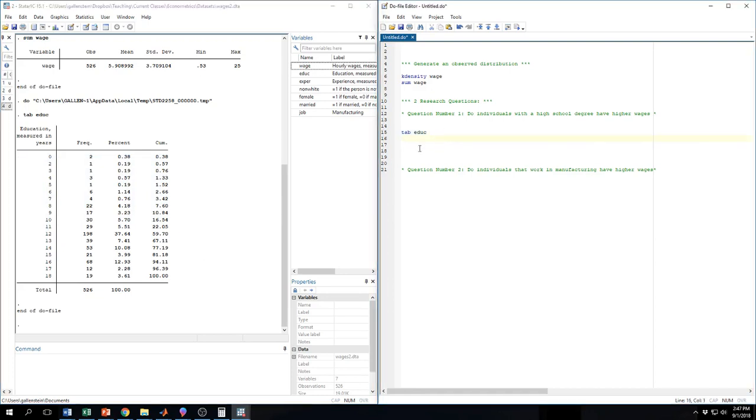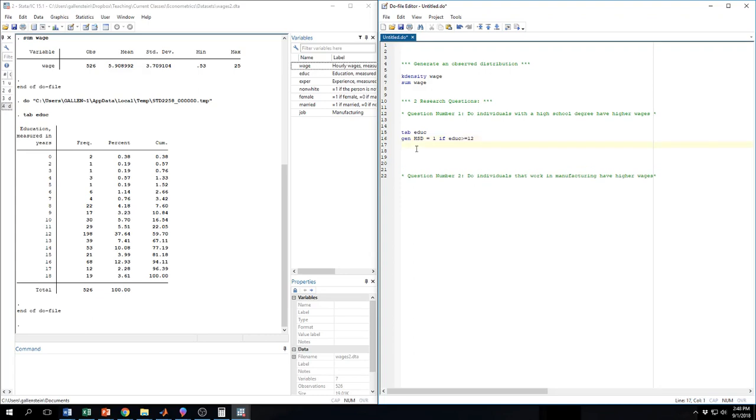All right, so then I'm going to create a variable that's going to tell me whether or not someone has a high school degree or not. I'm going to call it HSD, high school degree. I want that variable to equal 1 if EDUC is greater than or equal to 12.